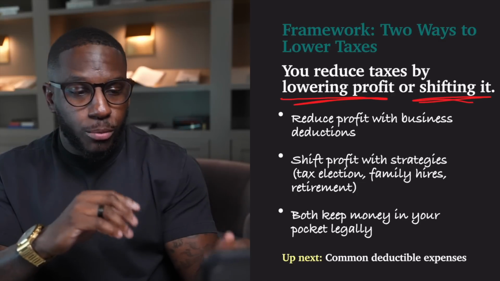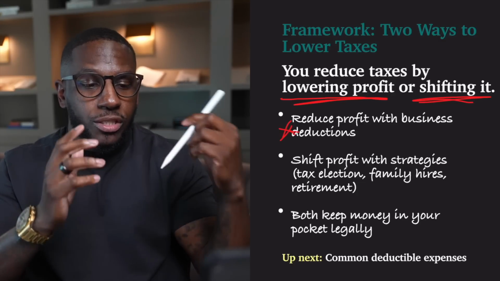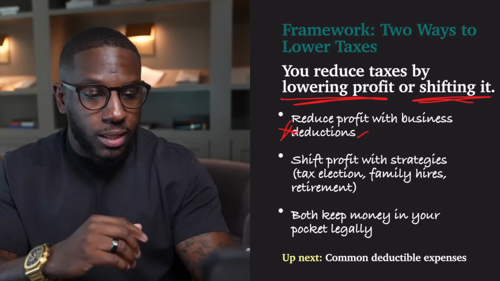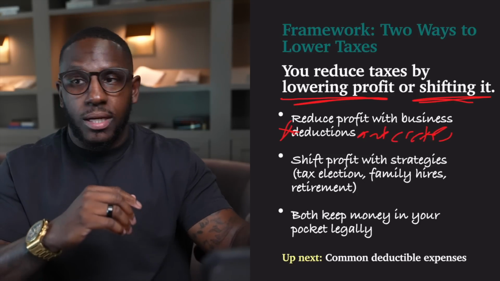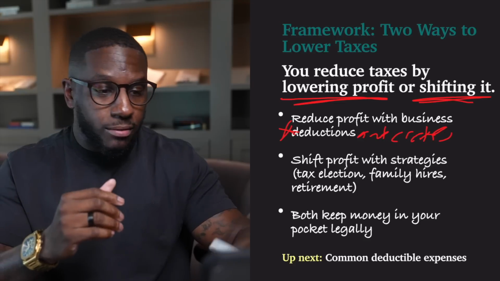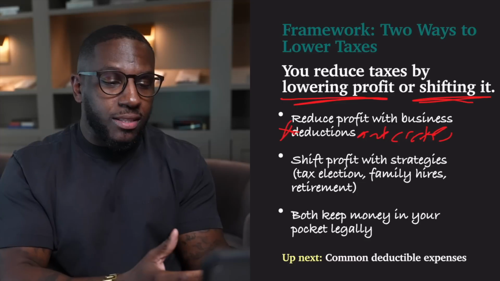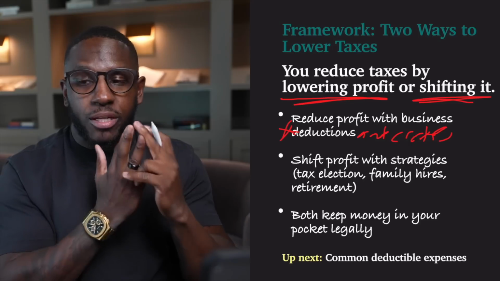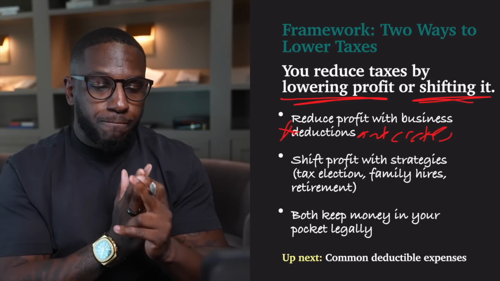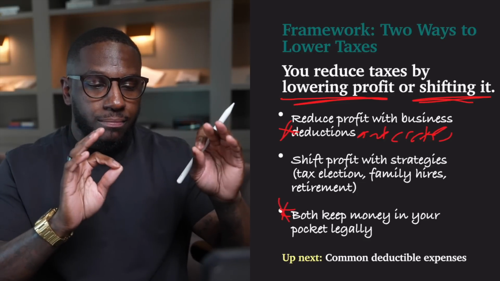So you reduce your profit with business deductions and credits, all right? Or you shift profit with strategies like tax selection, like we talked about, family hires, retirement, and so forth. And both of those options keep money in your pocket legally.